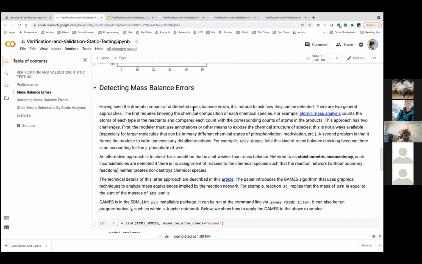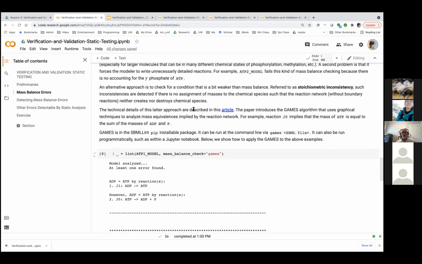Okay. So this part here is going to be about actually using the SBML lint package, in particular the stoichiometric inconsistency checking algorithm. As long as you can get through the initial part of the notebook, running the preliminaries and installing SBML lint, you should be able to do this relatively easily.